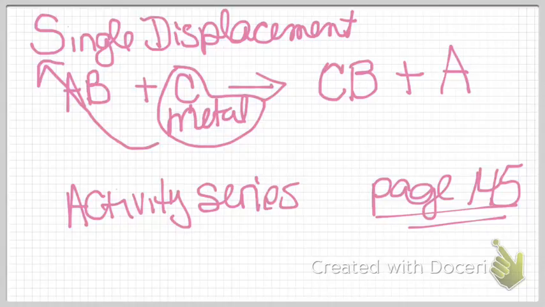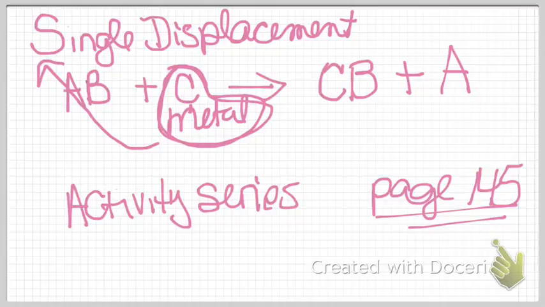If the single element, C in this case, is higher up than the one it's trying to kick off, then it's big enough and bad enough to kick it out and take its spot. But if it's lower down on the activity series, then it cannot. Now, you will not have to know this activity series. You will always be given the activity series. I don't know of anyone that would ever expect you to have that memorized. So you will always be told of this.